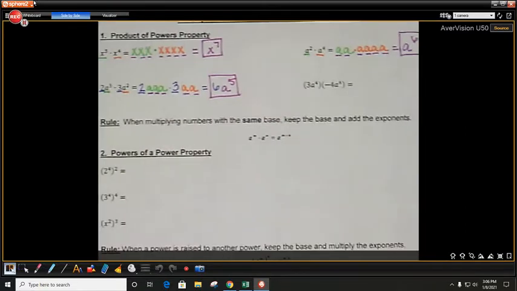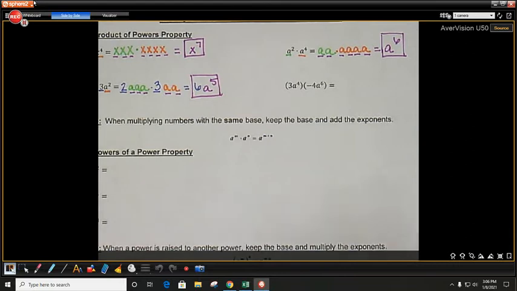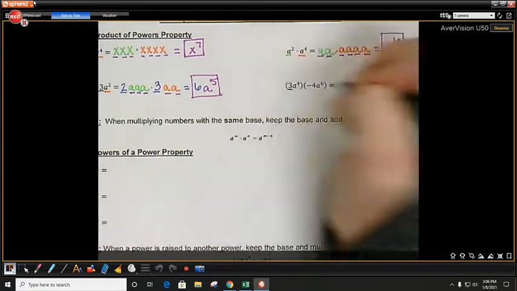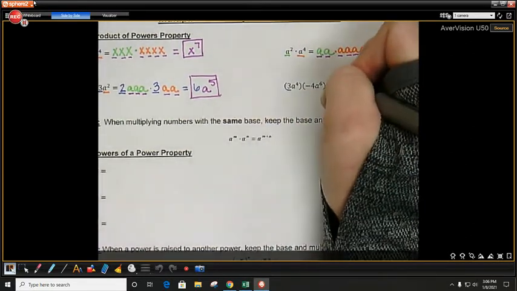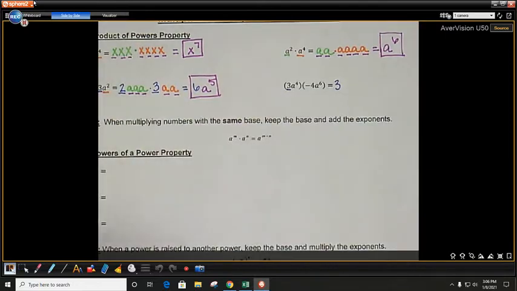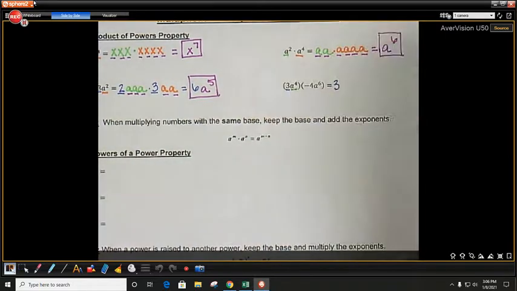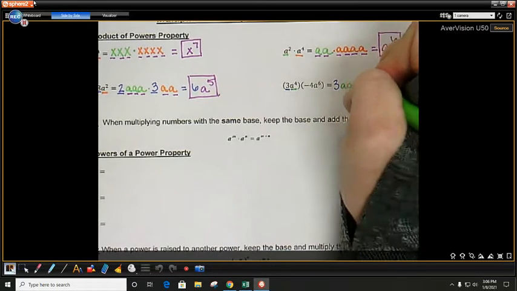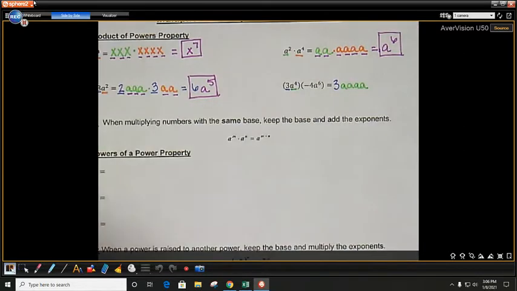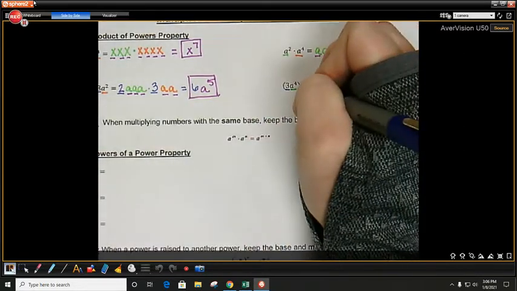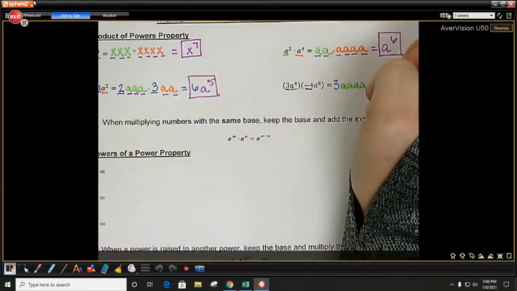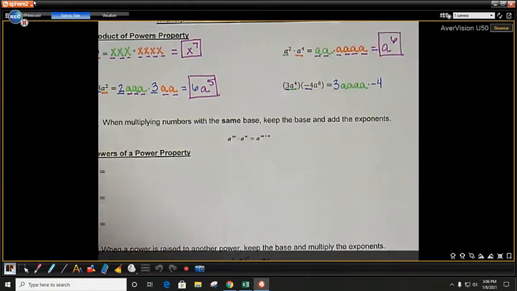Okay, now the next one, we have coefficients again. This 3 does not have an exponent though, so I'm only going to write it once. And then my a has an exponent of 4, so I'm going to write my a out 4 times. Then this negative 4 doesn't have an exponent, so I write it once.